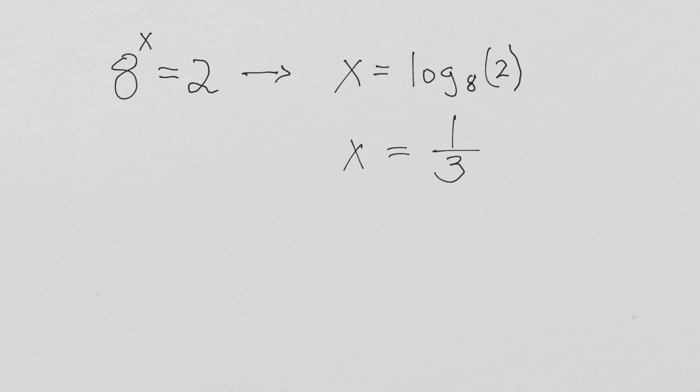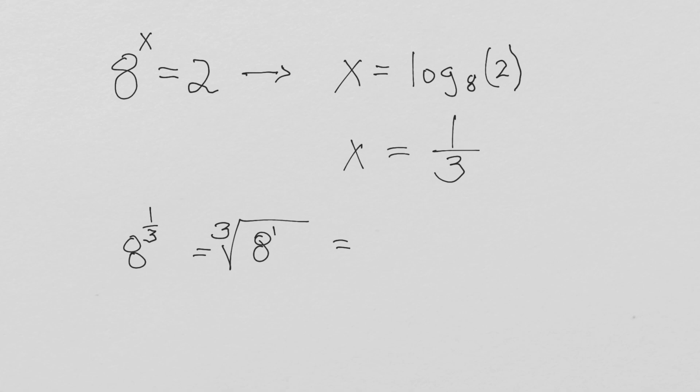And if we plug that back in, we can say, okay, 8 to the 1/3. This is a root. Right? I can use its equivalent form and rewrite it as the cubed root of 8 to the first power, and that makes sense, right?